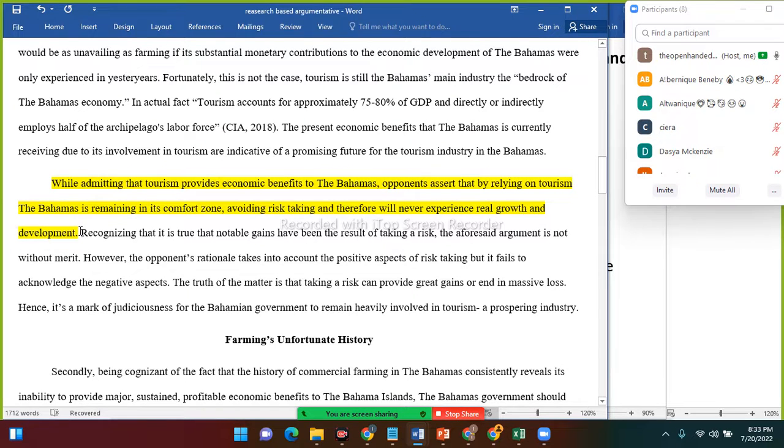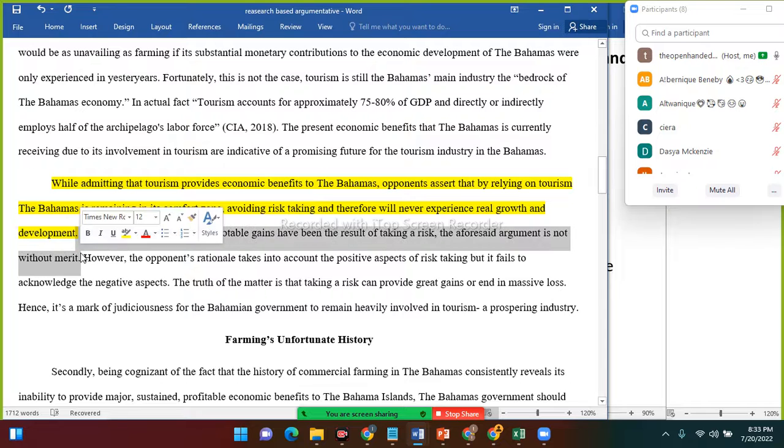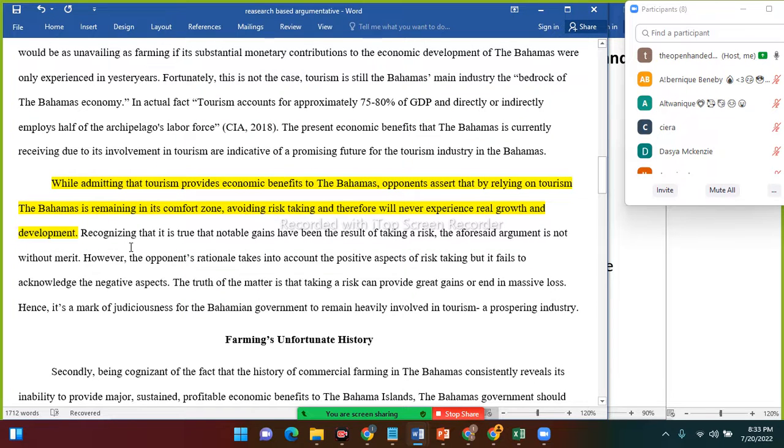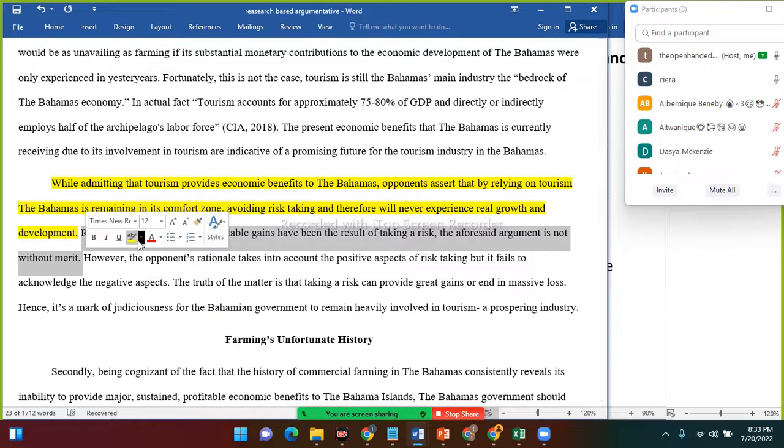The next sentence, you could read this one, Sierra. Recognizing. Okay. Recognizing that it is true that notable gains have been a result of taking a risk, the aforesaid argument is not without merit. However, the opponent, sorry. Okay. All right, good. What did I do here?